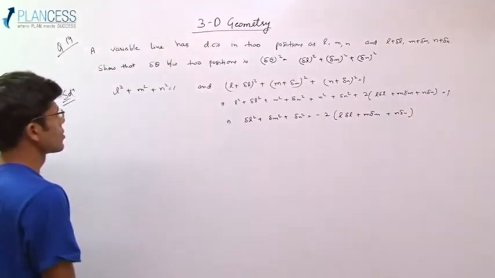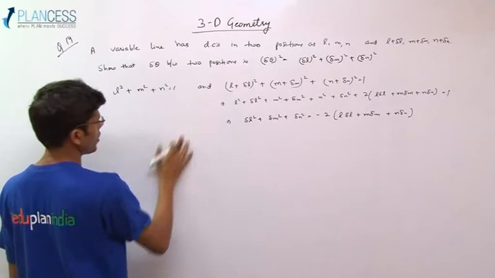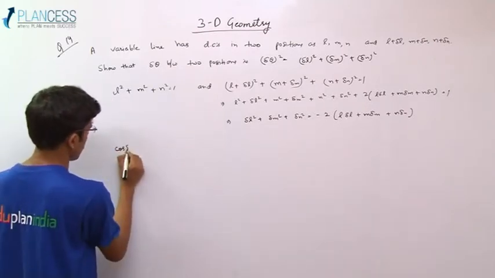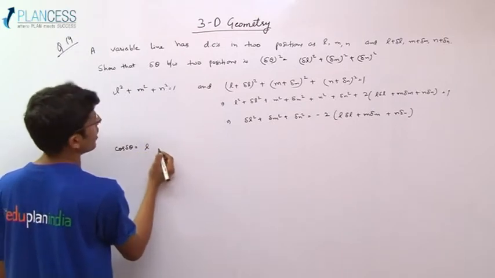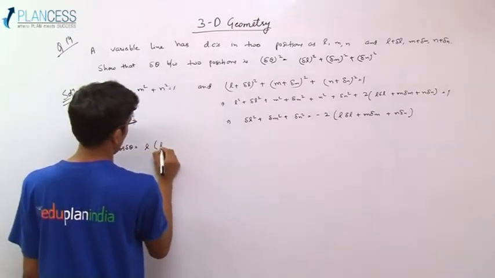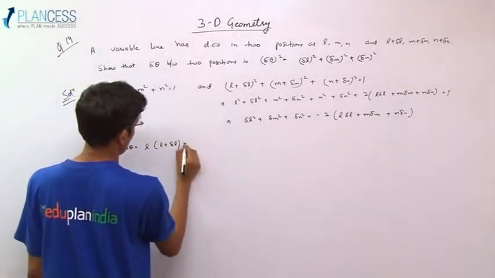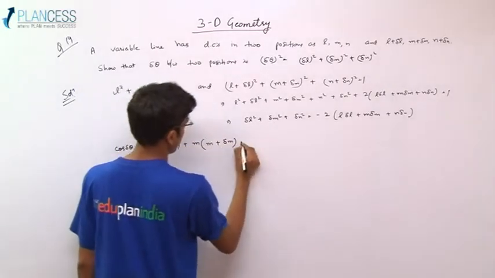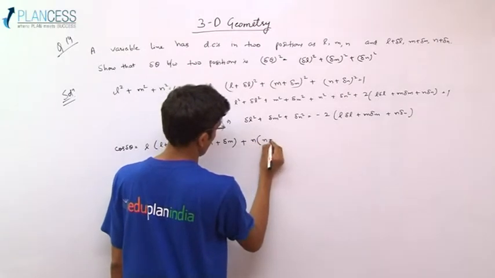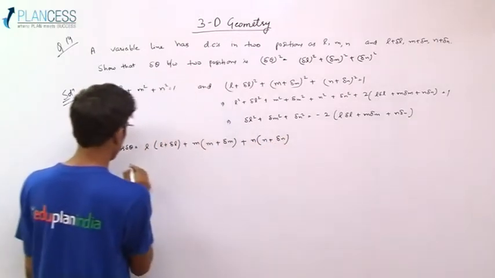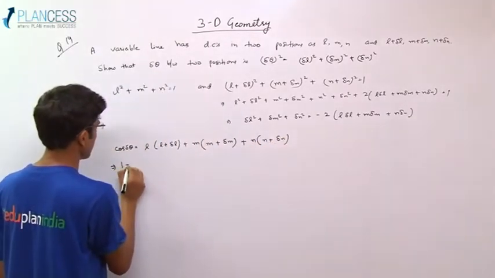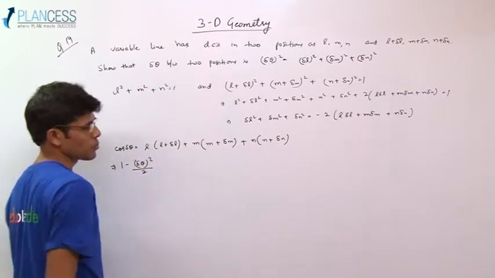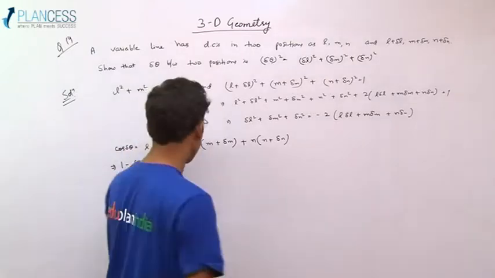Okay. So now delta theta between two lines is given by the dot product formula. So cos delta theta is l (l plus delta l) plus m (m plus delta m) plus n (n plus delta n). Now for small theta, it can be approximated: for small theta, cos theta is 1 minus theta squared by 2.